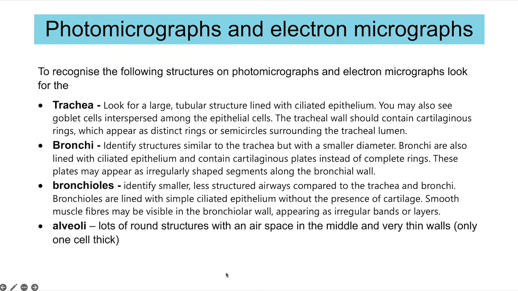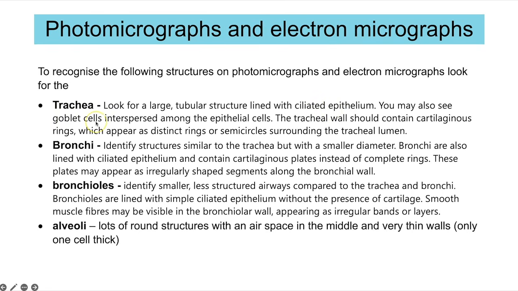So let's have a look at these structures in more detail. Now, you could be asked to identify these structures on a photomicrograph or an electron micrograph. So we're going to go through these structures, what their function is, but first I'm just going to talk you through what to look for to be able to identify them. So for the trachea, you're looking for a large tubular structure which is lined with ciliated epithelium, which you might be able to see on an electron micrograph, so those hair-like structures coming out of the cells.